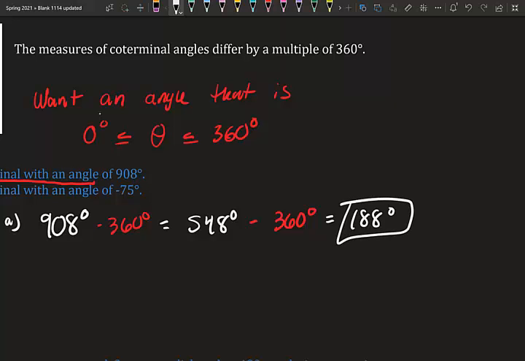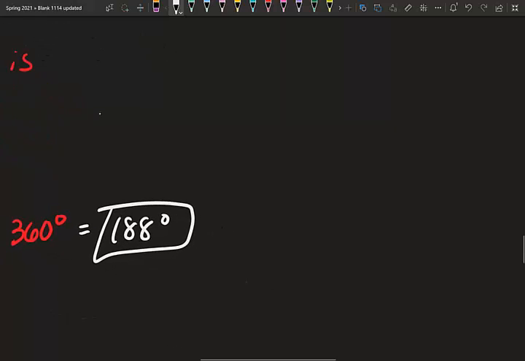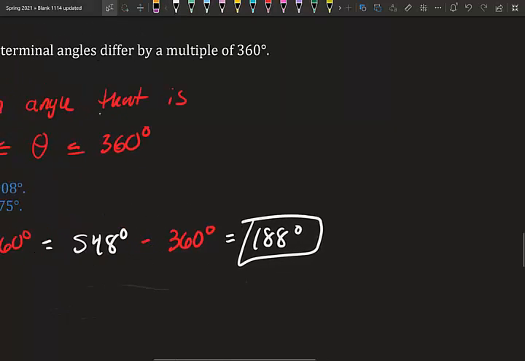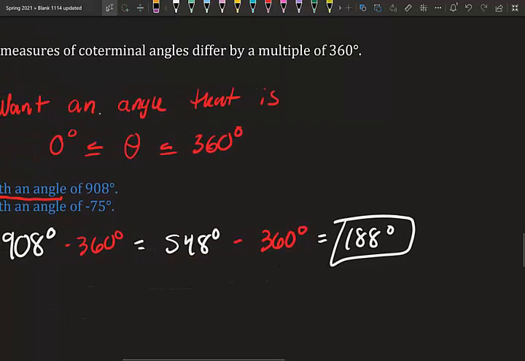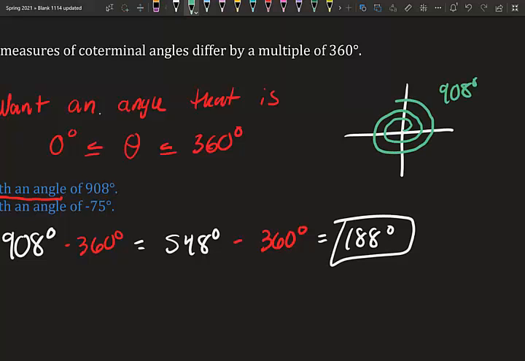Now I'm going to show you what that looks like. You don't have to draw this out. I'm just going to show you. So we have our coordinate plane, and a 908-degree angle. I'll draw that for you. How do I know to draw two spirals? Because I subtracted 360 two times, so I have two complete circles.